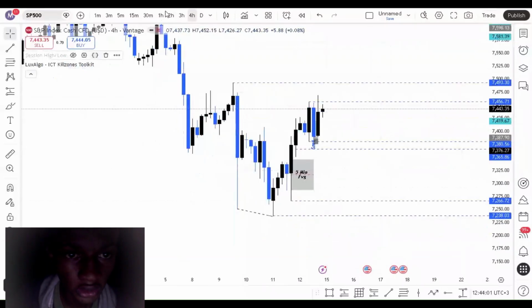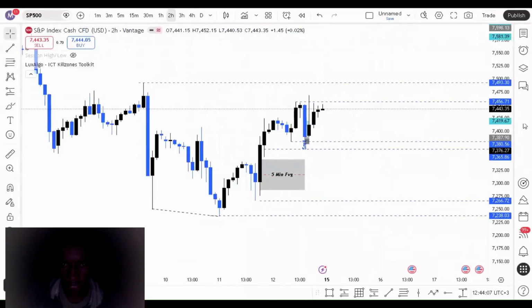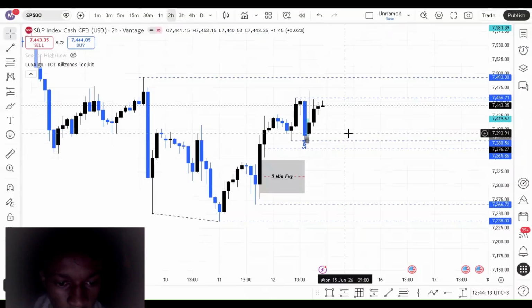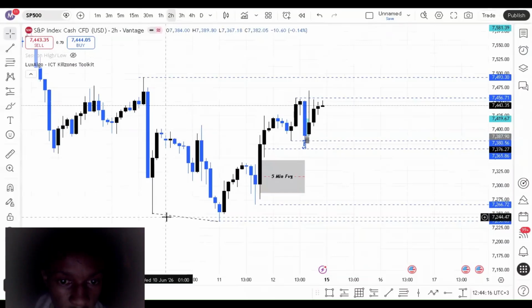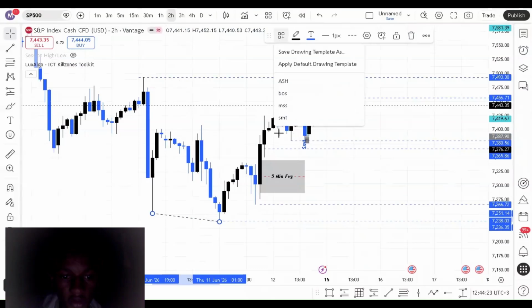Then we turn to go to the 2 hours. We found out that there is an external SMT. We marked it.